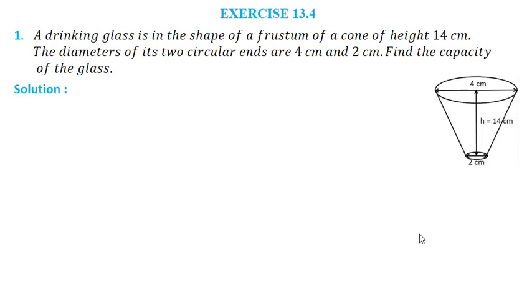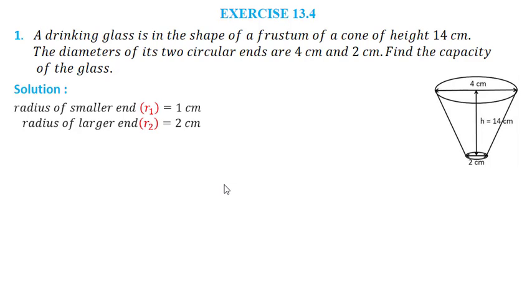So the radius at the smaller end, which I will denote with r1, is 1 cm, the radius at the larger end r2 is 2 cm, and the total height is 14 cm. Now we have to find the capacity of the glass. That means we have to find the volume of this frustum of a cone.